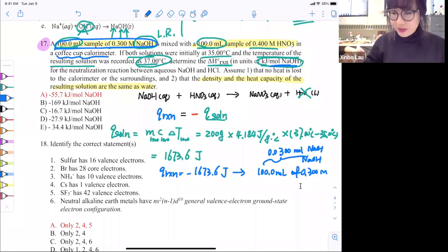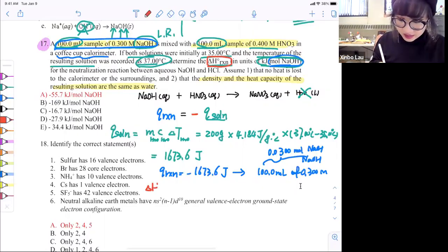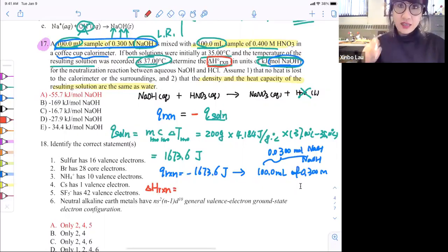So that's what our question is asking. Okay, I got the moles of sodium hydroxide. Then what about this enthalpy change? We're calculating heat, but that's another thing about the coffee cup calorimeter, right? So we know delta H, the enthalpy change, equals the heat of that reaction, since it's at constant pressure.